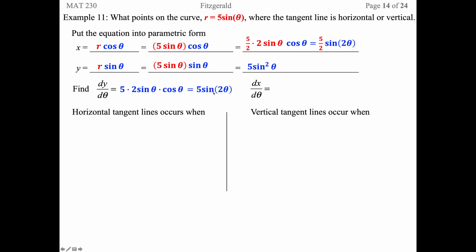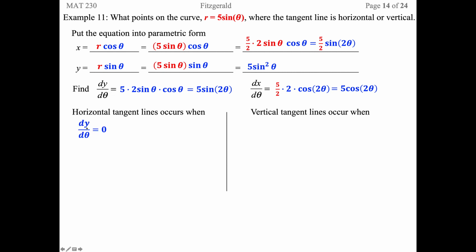So we'll call that 5 sine 2 theta. Now take the derivative of the top: the derivative of the outside is cosine 2 theta, then the derivative of the inside, 2 theta, is 2, so that should just be 5 cosine 2 theta when the 2's cancel out.